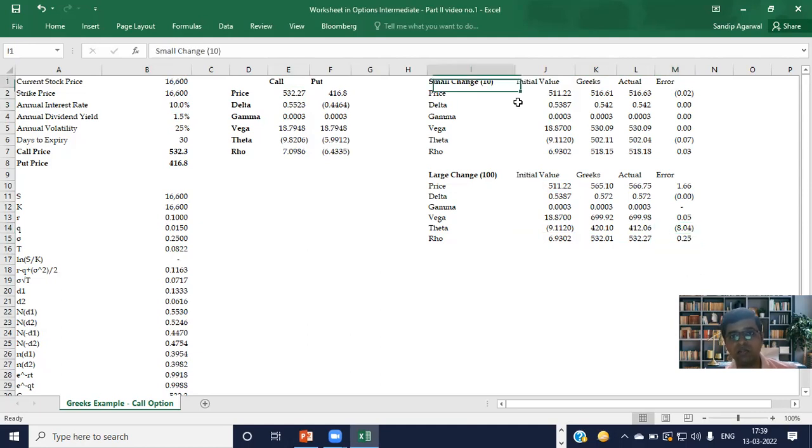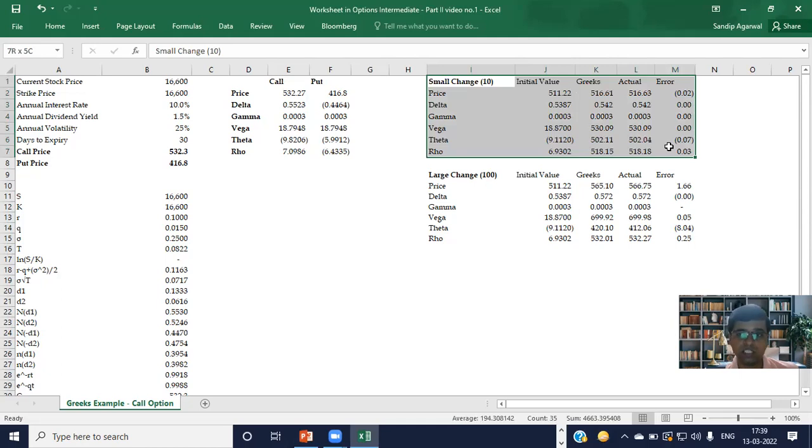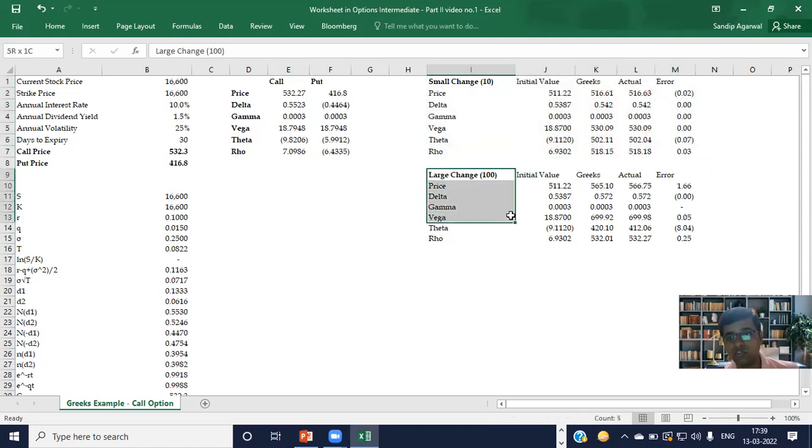So you can see in this table a small change in the underlying instrument price by 10 rupees and a large change in the underlying instrument by 100 rupees. You can see in case of the small change, the actual value derived manually with the help of the option greeks and the value which has been determined with the help of the Black-Scholes model is almost the same.